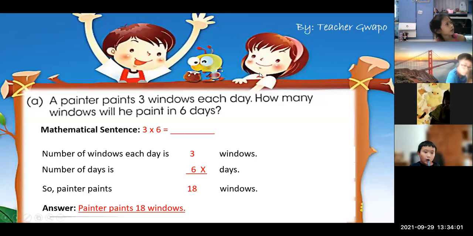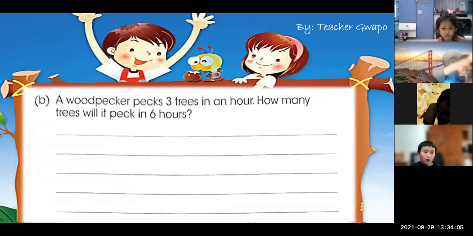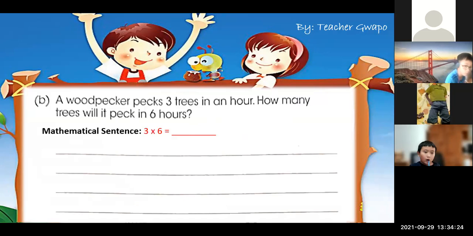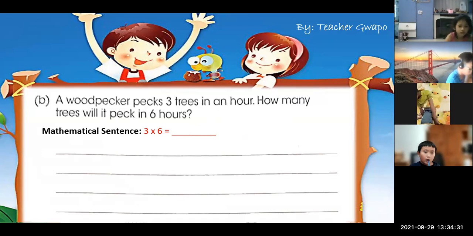Now in letter B, a woodpecker picks 3 trees in an hour. That means in an hour, it means 1 hour. So how many trees will it pick in 6 hours? In mathematical sentence, we do like this. 3 times 6 is equal to, and then line.